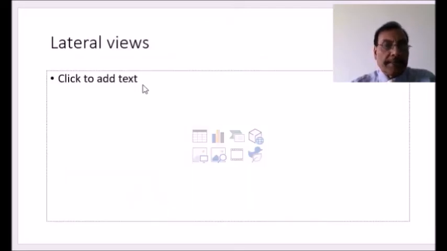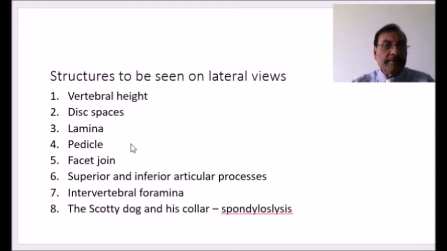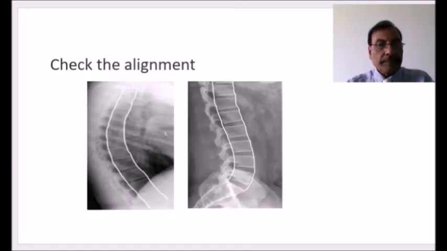Now come to the lateral views. In lateral views, most of the structures are visible. Vertebral height and disc spaces are more clearly visible in the lateral view. Lamina, pedicle and facet joints, superior and inferior articular processes, and the intervertebral foramina are clearly visible. Now start with alignment.